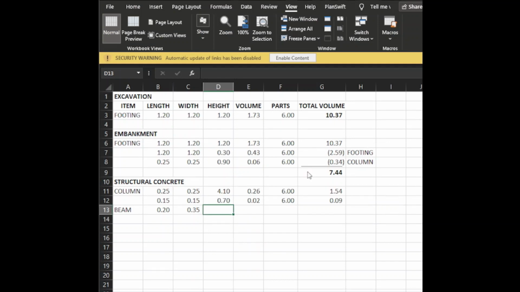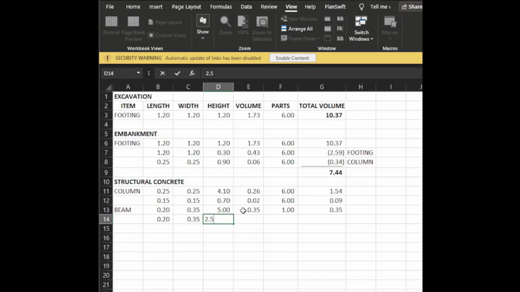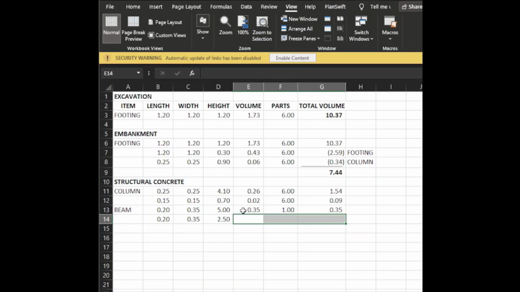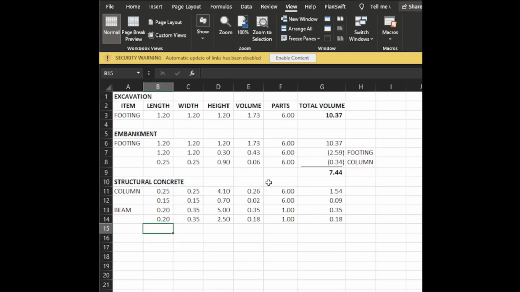So the beam is 5 meters, then the volume. The other one has the same length and height, and the length is 2.5, so the same formula. The other one is 4.003, so we'll just copy this one, guys.